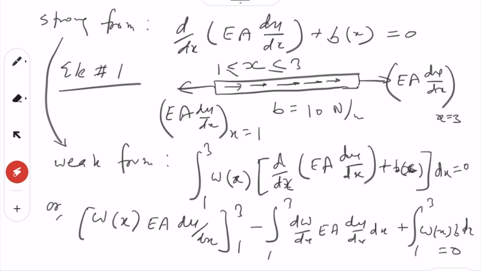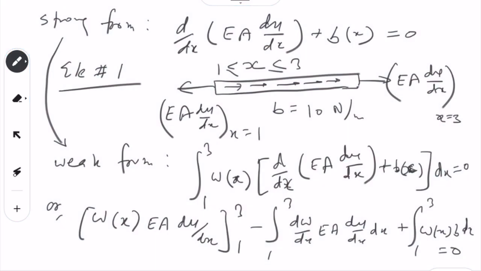So we will just write these without applying anything. Okay, so what do we get? We get, so here we will have a W3, then EA du dx.